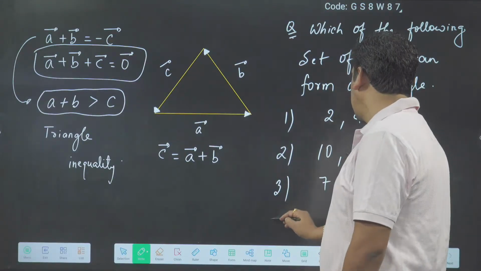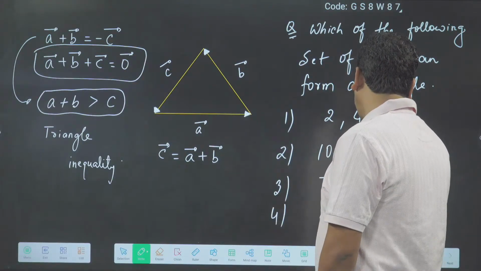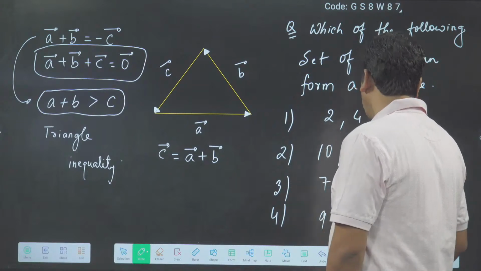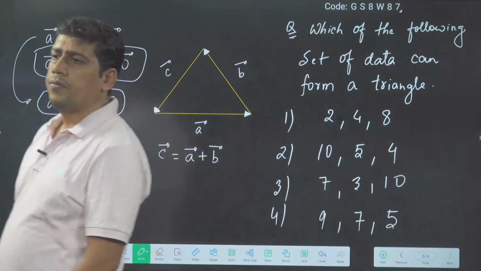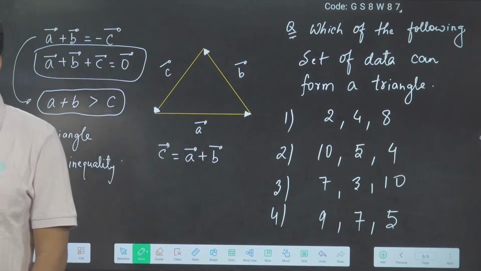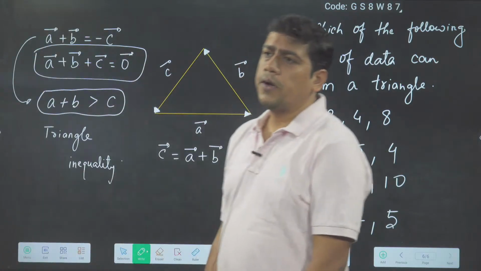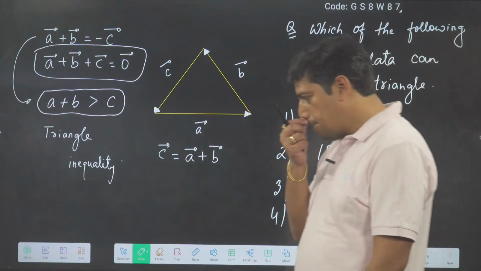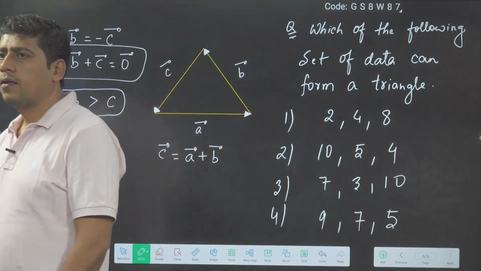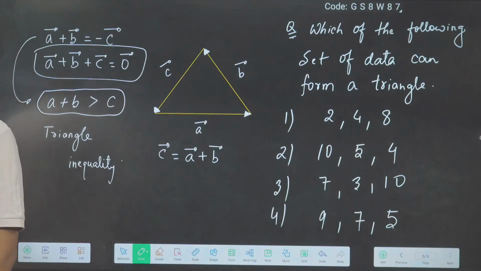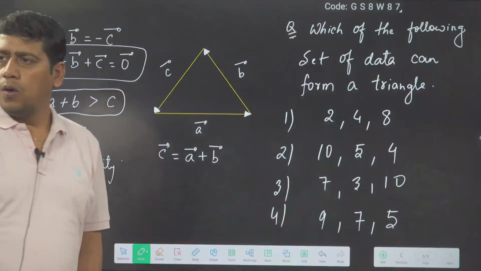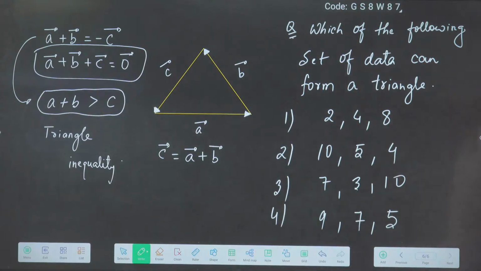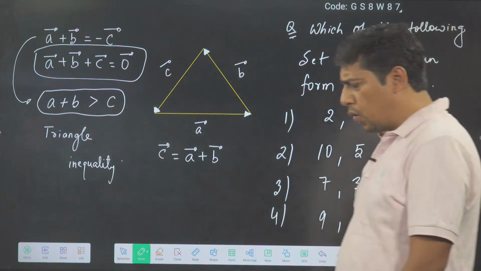Then 7, 3, 10. Which of the following sets of data can form a triangle? Multiple options can also be there, I don't know.